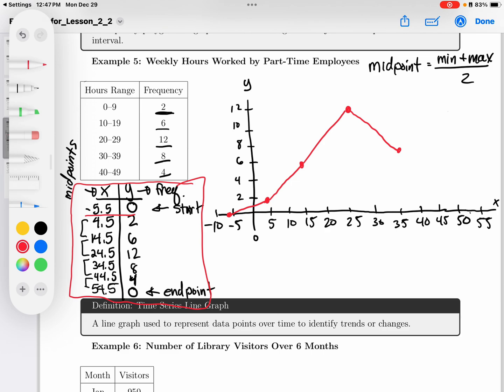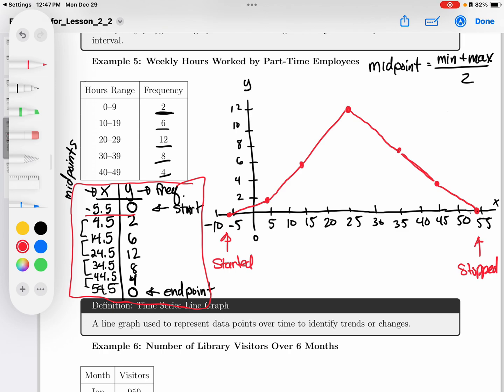And then 44.5 with the frequency of 4. So about right here. And then our ending point at 54.5. So we made sure that we started on the x-axis and we stopped on the x-axis.